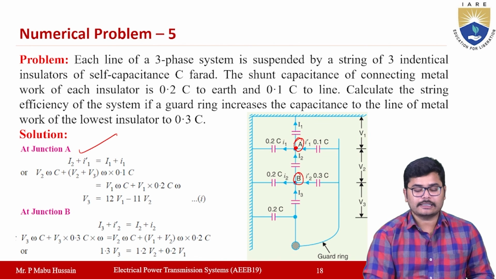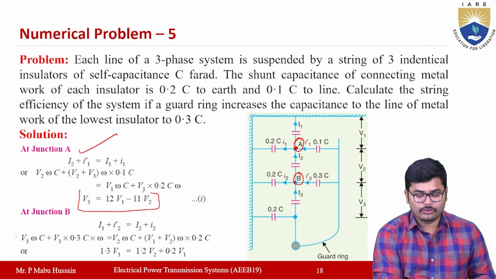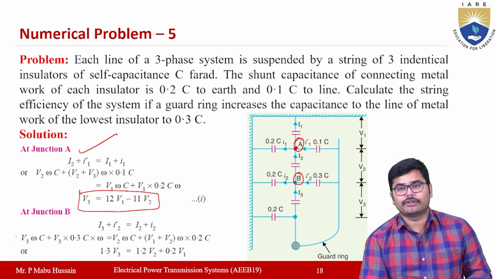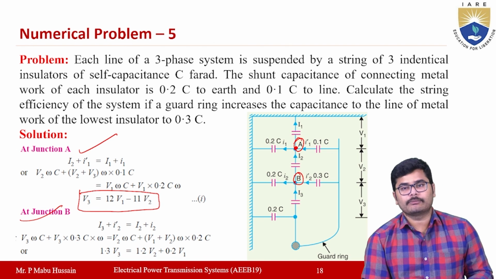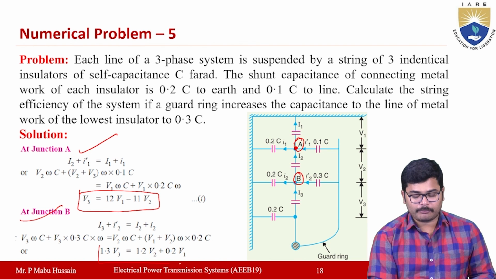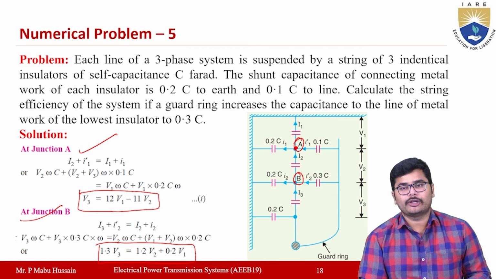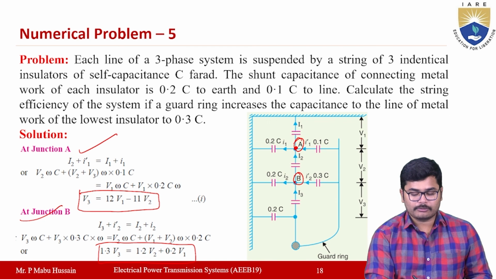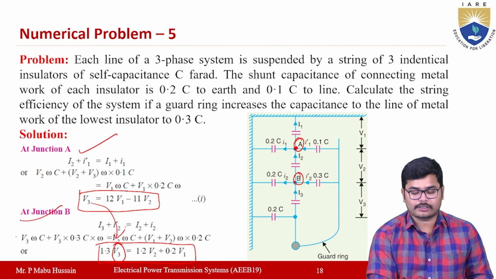When you apply KCL at junction A, you get V3 is equal to 12V1 minus 11V2. If you apply KCL at junction B, we get this equation: 1.3 V3 is equal to 1.2 V2 plus 0.2 V1. Again, similar to the previous problem, in place of V3 you have to substitute this equation.